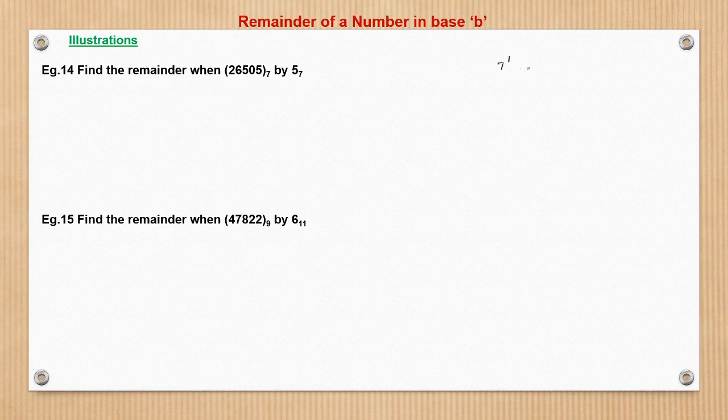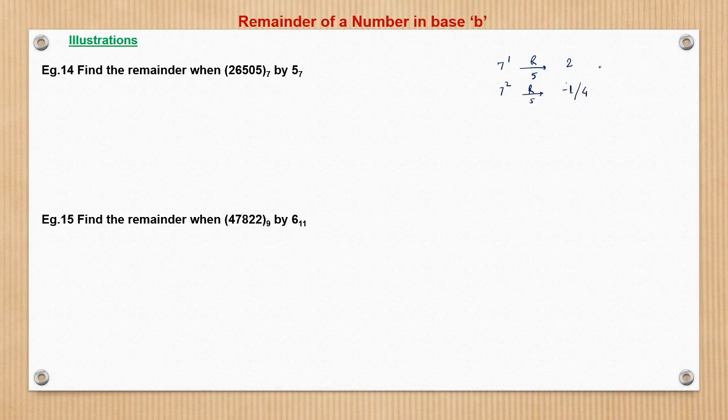So 7 to the power 1, remainder when divided by 5, is 2. 7 squared, remainder when divided by 5, is nothing but 4, which is minus 1, right? Or 4.